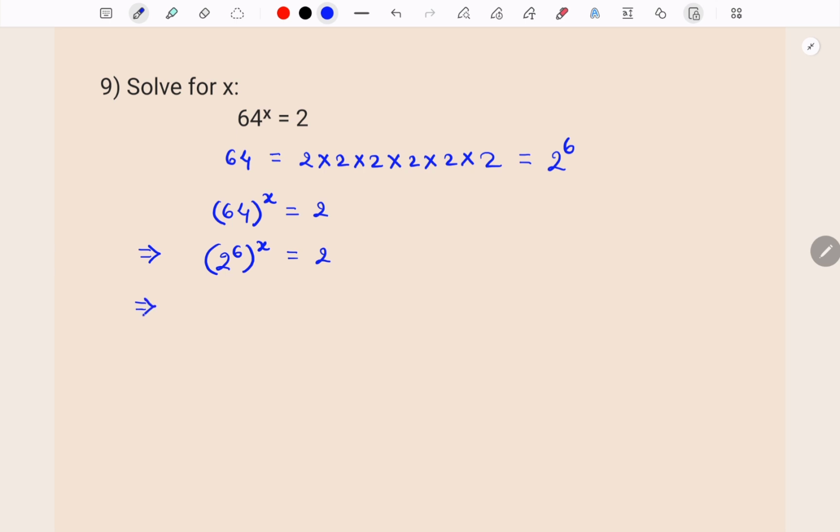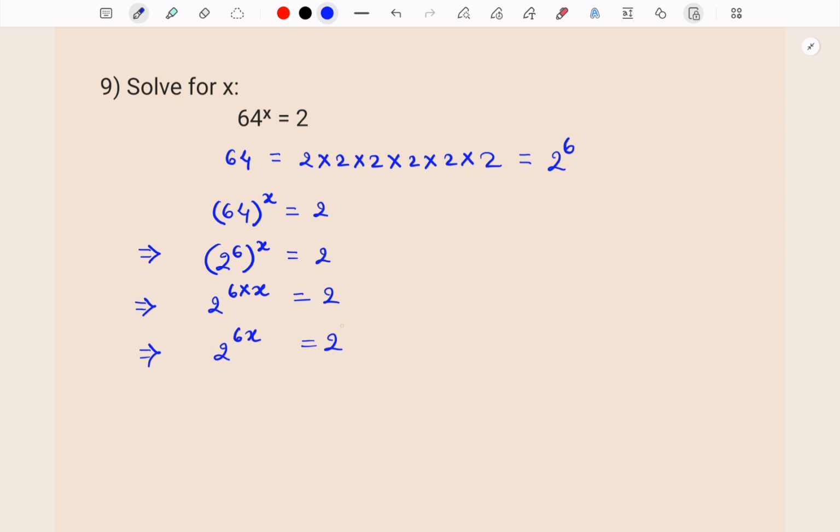So this is actually a power of a power, so I will just multiply the indices. And 6 times x is 6x. So I have 2 raised to the power 6x equals 2.